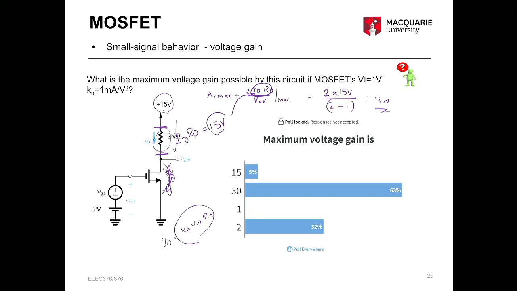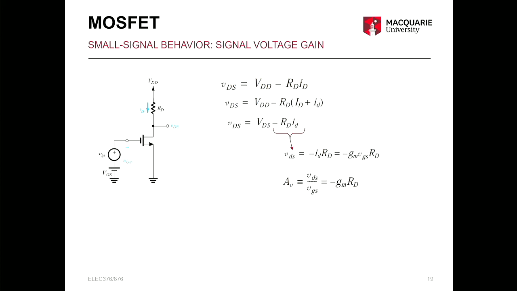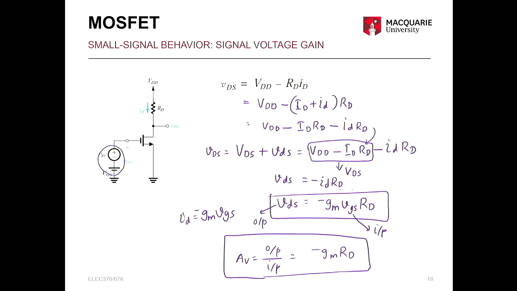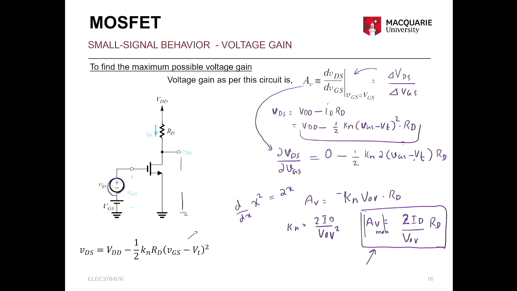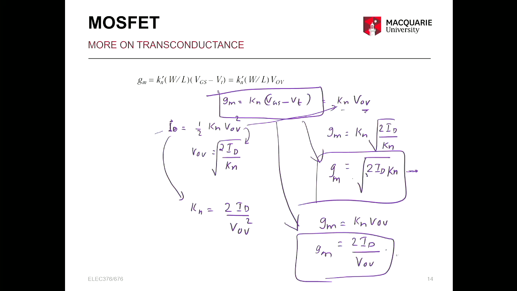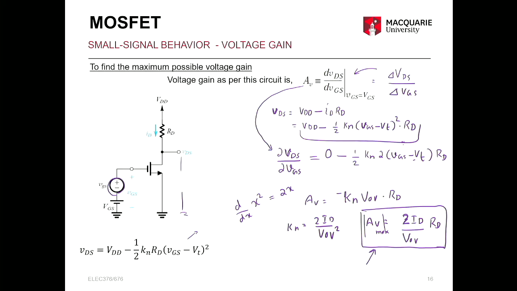In the formula you gave us, the AV on slide 60. Which one is that? The above formula, AV equal to minus KN VOV RD.